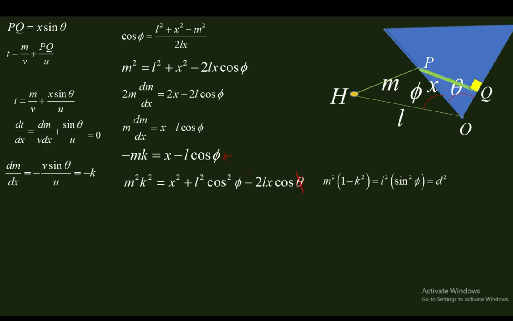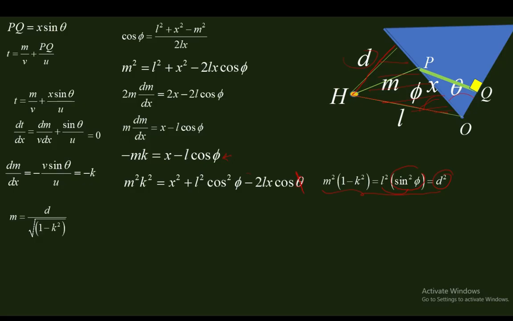Even this term will get cancelled. So we'll be left with a simpler equation. And one more thing, sine square phi. This distance is given as d. So sine phi from this triangle, you can verify that L sine phi is d, so it becomes d square.